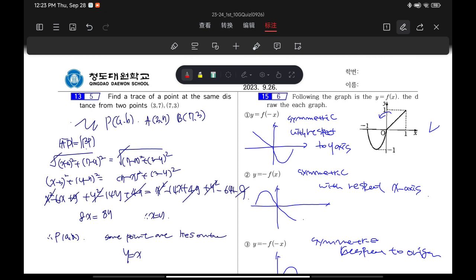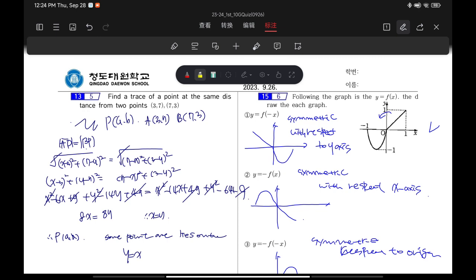Find the locus of points at the same distance from two points. So set some points P, A, B, and let A be (3,7) and B be (7,3). We want to find P such that distance AP equals BP.